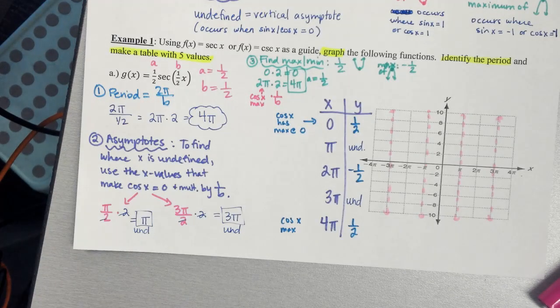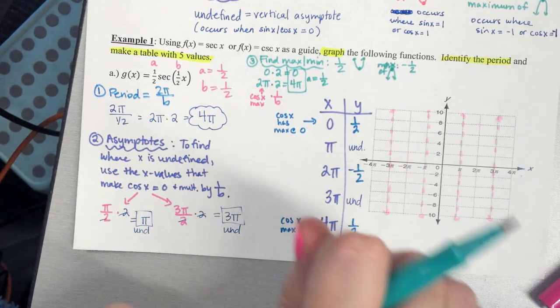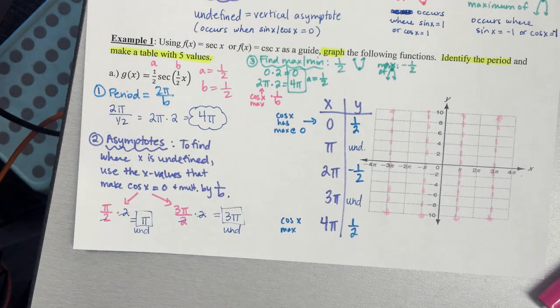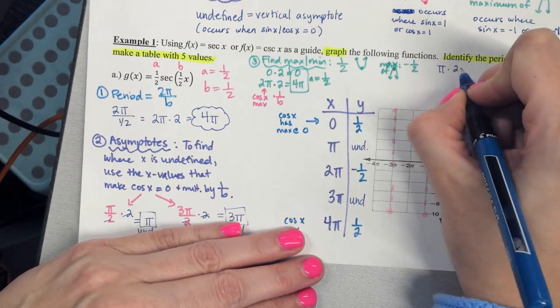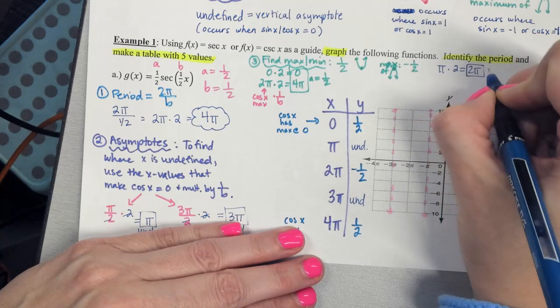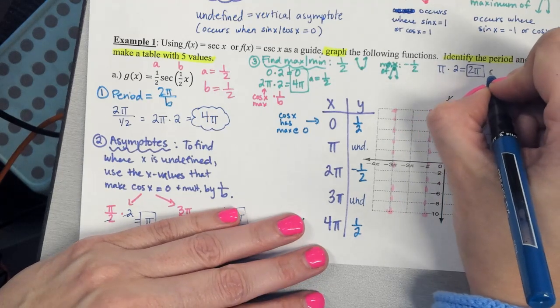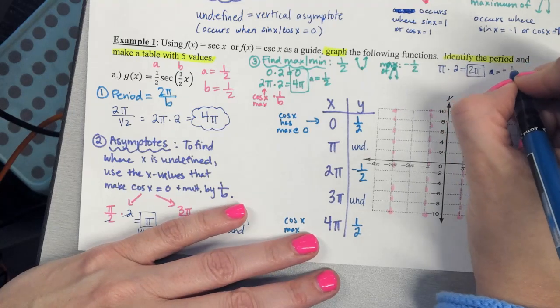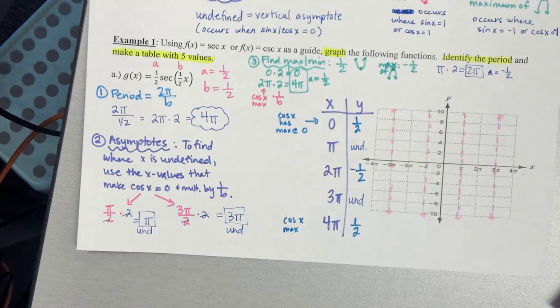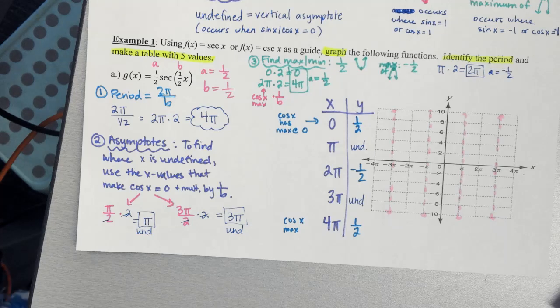It is going to reach the minimum value at pi. So if you were to take pi and multiply it by 1 over b, at 2 pi, your y value, or the a, is negative 1/2. That's where you do the opposite of a.